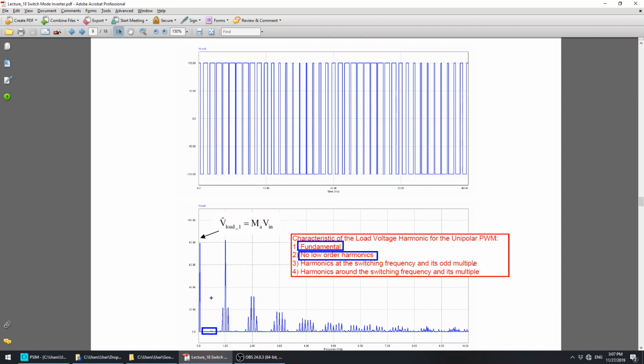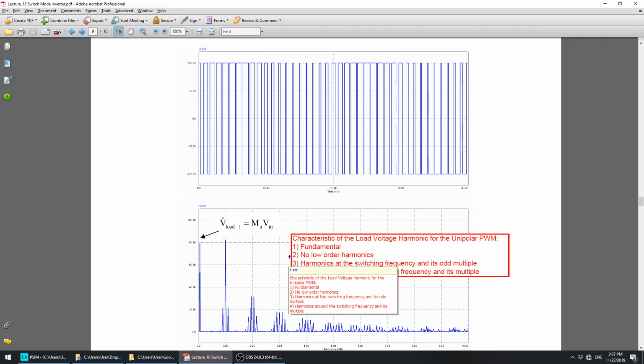So if you look closely, there are harmonics at the switching frequency and its multiples. There is a word of odd multiples, 1, 3, 5 multiplied by the frequency.